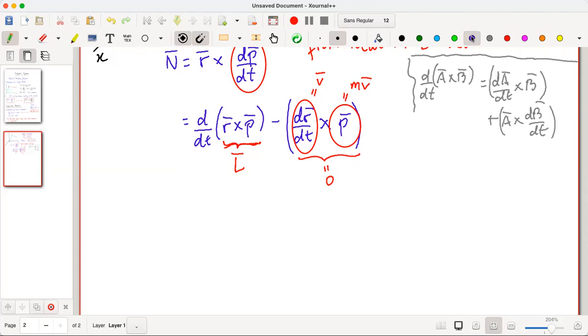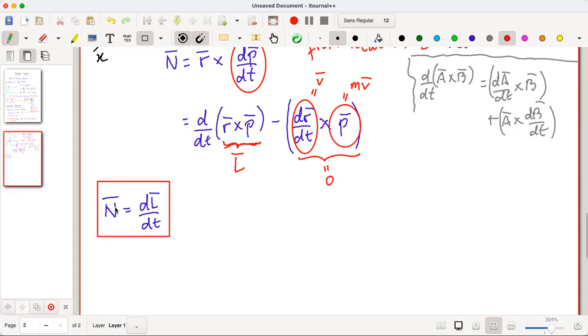All right. So we have the relation that the torque is just dL/dt. And this is analogous to the case of linear force: force is the rate of change of linear momentum per unit time.